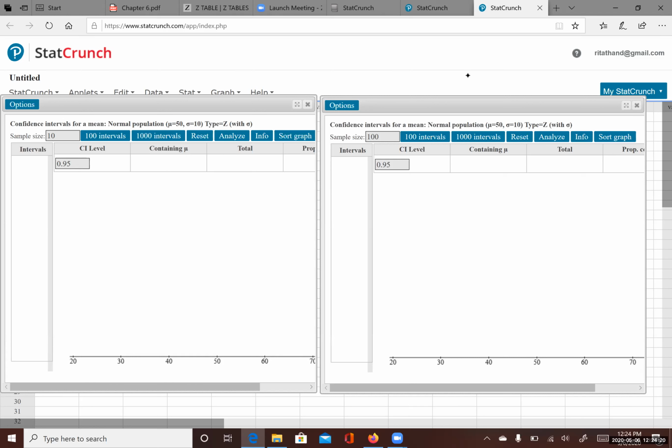So here is a simulation. First, the simulation for a population mean, with a normal population where the mean is about 50, the standard deviation is 10, and sigma is known, which means you know the population standard deviation. The sample size n is 10, and I select 100 samples, and then I construct 100 intervals.